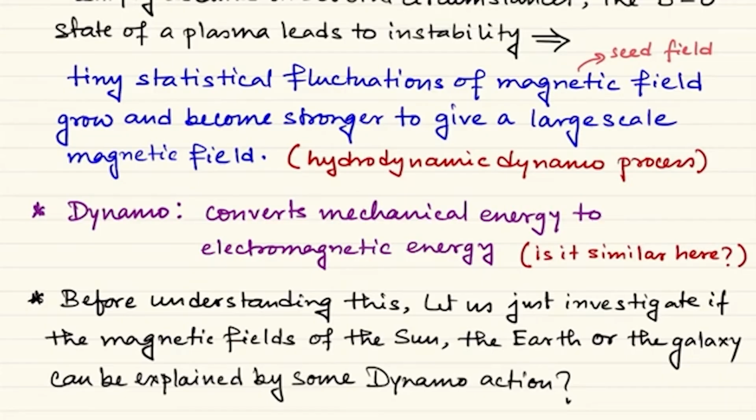Now, if dynamo action can be used to explain this, that means you are giving some sort of mechanical energy to the system, or the system takes some mechanical energy from some source, and in response creates some current, and that's why some magnetic fields.